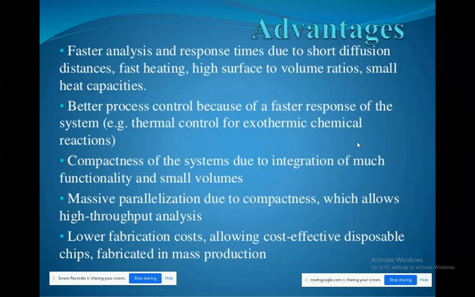Cost effective disposable chip means replacing a chip is very easy. If you have any failures, you can easily replace the chip because of its low cost, fabricated in mass production. Similarly, it can be fabricated in mass production also.